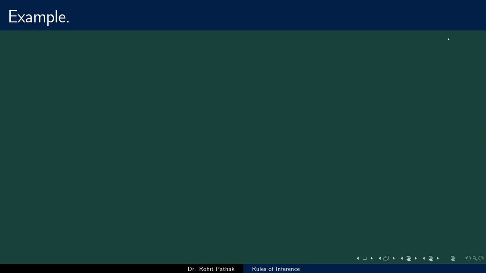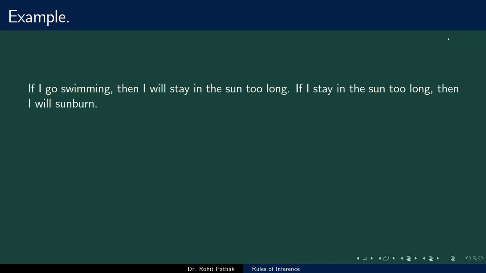For example, if I go swimming, then I will stay in the sun too long. This is one premise or statement or proposition. If I stay in the sun too long, then I will sunburn. This is another premise or proposition. Therefore, if I go swimming, then I will sunburn.